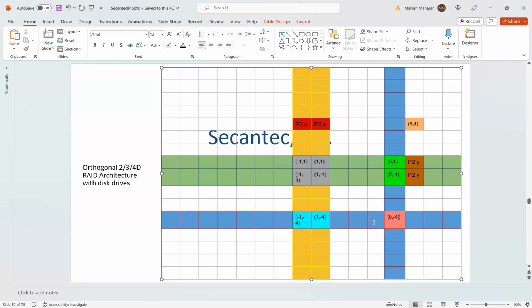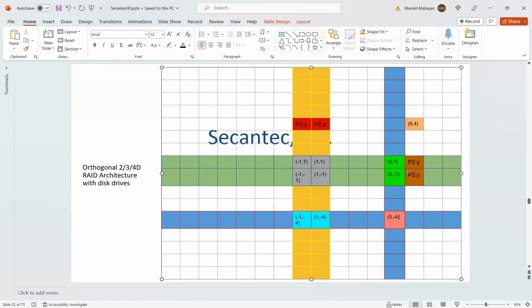In a case of 3 drive failure, let's say on the x-axis, then the third drive can actually go on the y-axis and get reconstructed on the y-axis. And once it is reconstructed, it can go back to the x-axis and all 3 drives can be reconstructed.